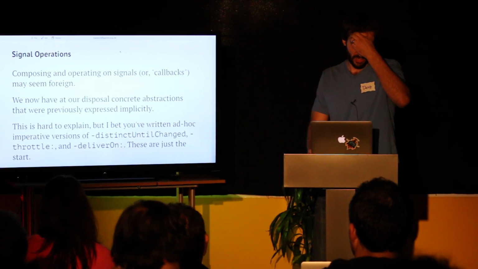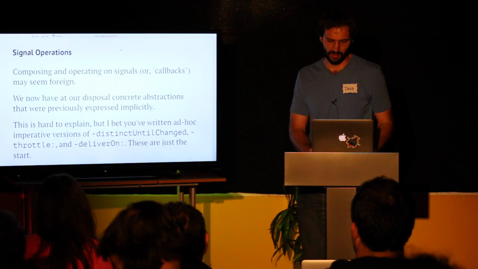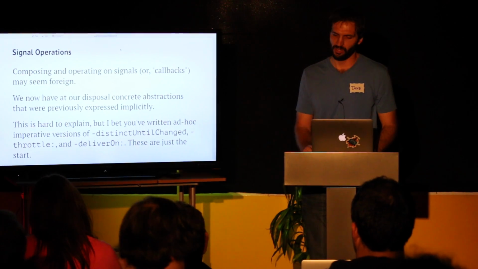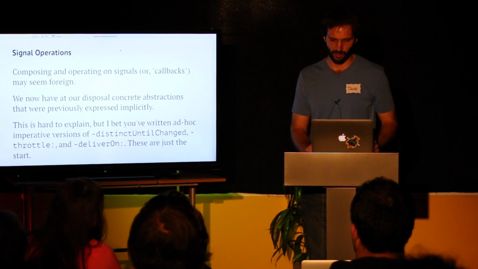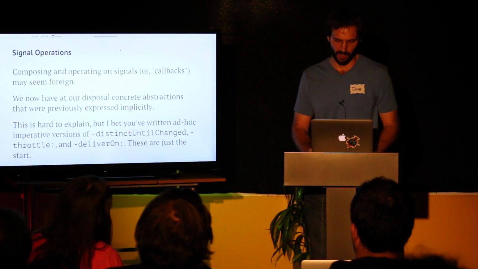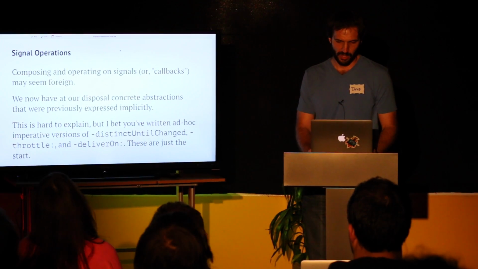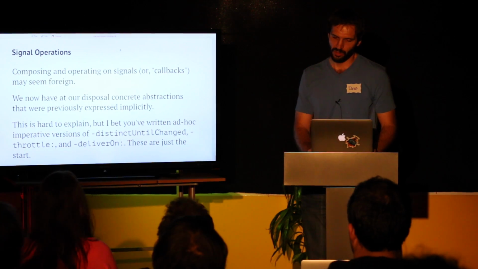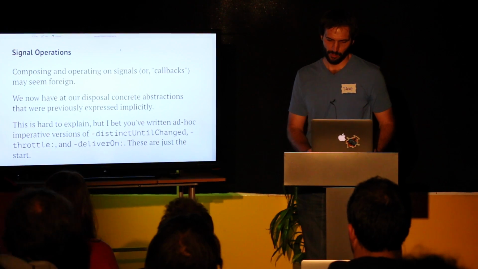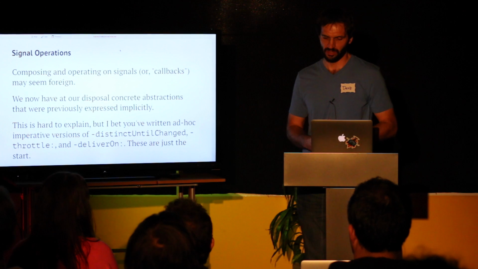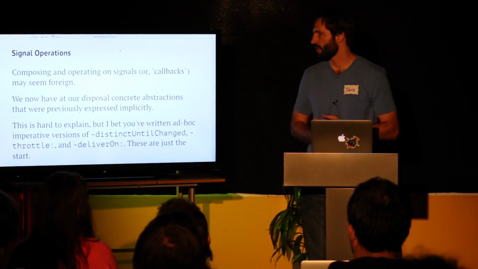Composing and operating on signals or callbacks is going to be foreign at first because we're used to the more natural way of, okay, here's my callback, now I do some code, and hopefully some other code does its job. But now we have concrete abstractions that previously we kind of just expressed implicitly in our code.